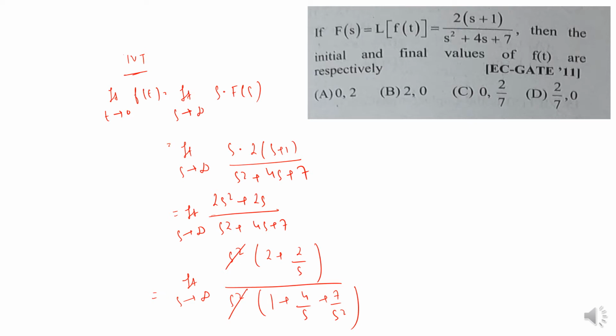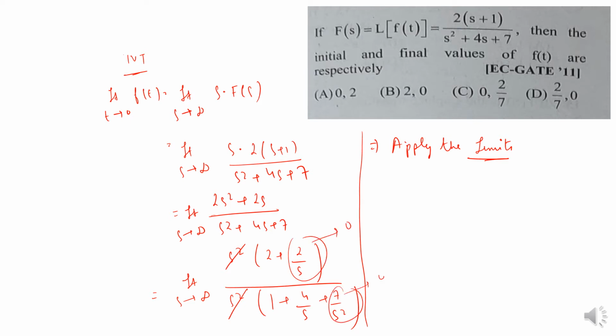Now if we apply the limits, the terms 2 by s, 4 by s and 7 by s square all become 0. Therefore the initial value is 2. Out of all these options, the one with initial value 2 is B, so B is the correct option.